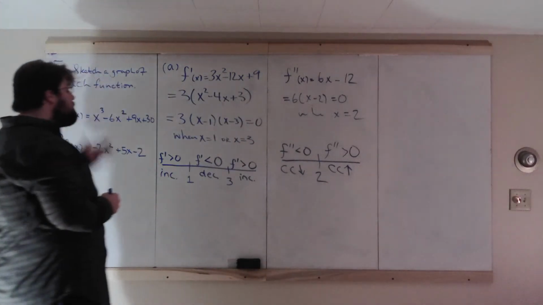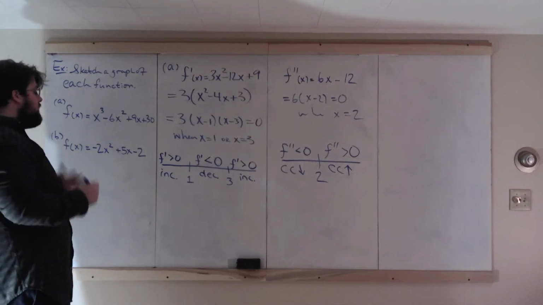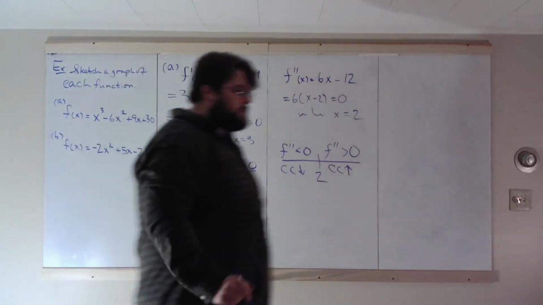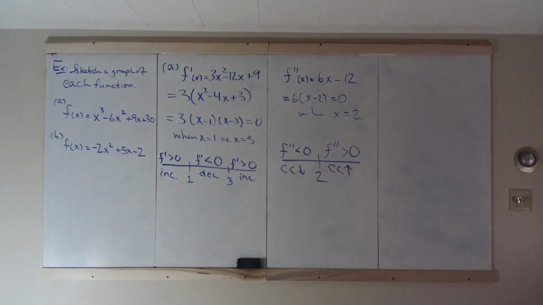Well, these two number lines now tell us everything we need. I'm just going to look at this graph to make sure I draw it semi to scale. I just need to know how high and low it goes. Well, I'll try to fit it on this board. Let's see how it goes.